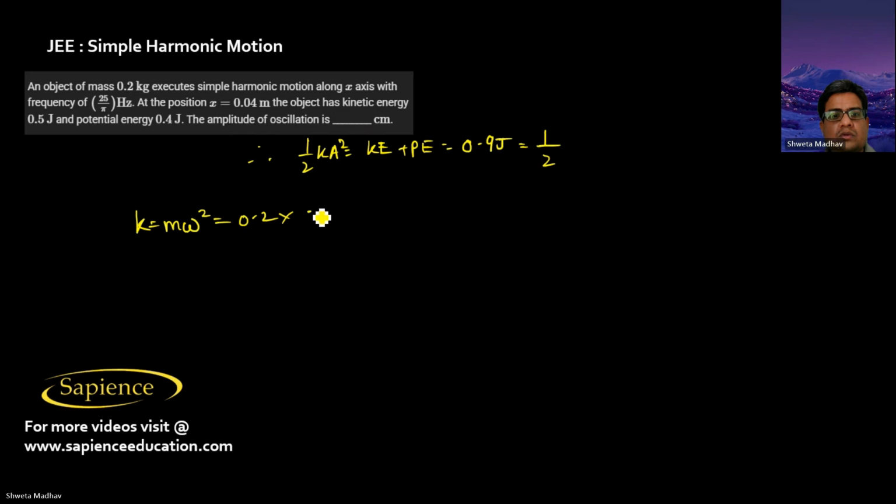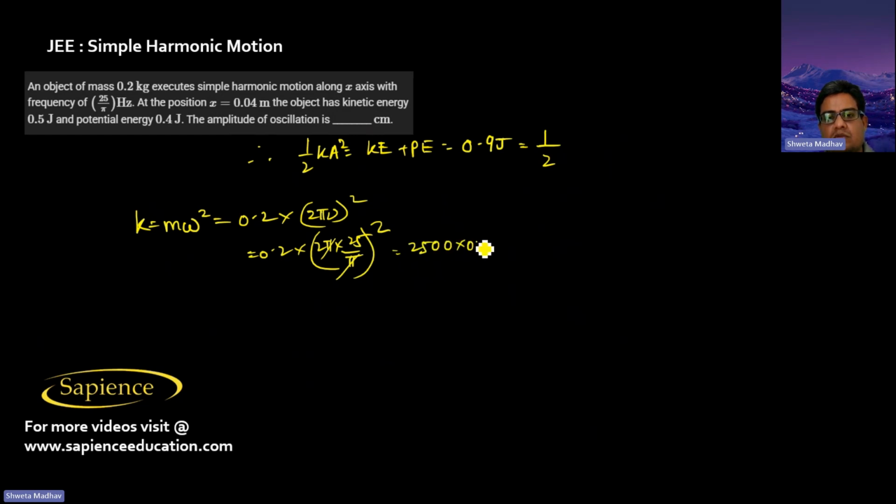Therefore, here we can see that half k a square, which is the total mechanical energy, kinetic energy plus potential energy, is equal to 0.9 joule. And k we have found as m omega square, which is 0.2 into 2 pi nu whole square, which is 0.2 into 2 pi into 25 by pi whole square, which is 50 square, which is 2500 into 0.2, equal to 500 Newton per meter.